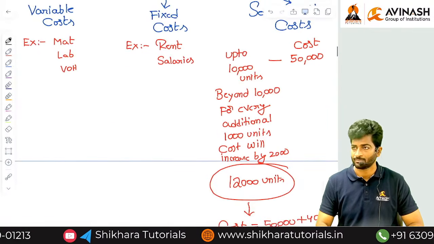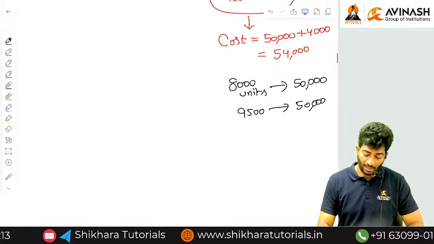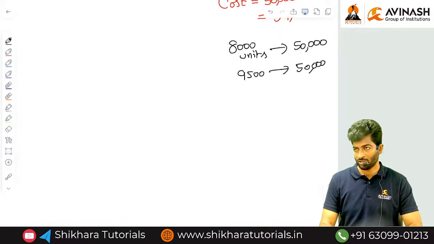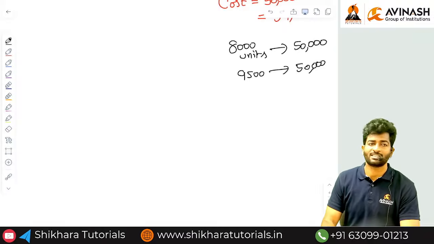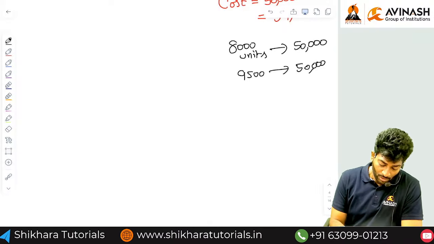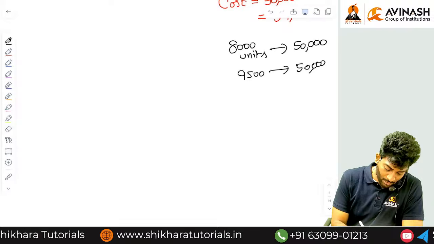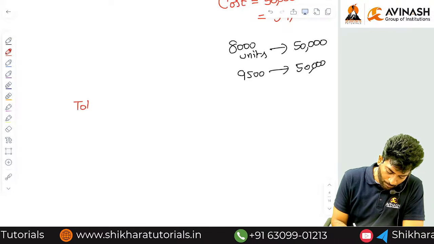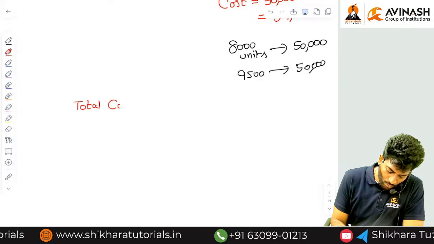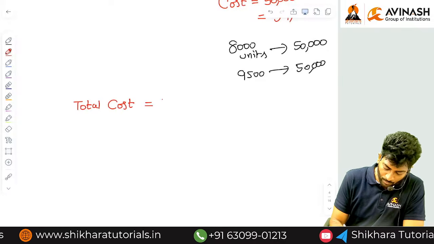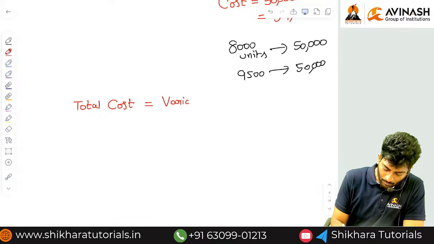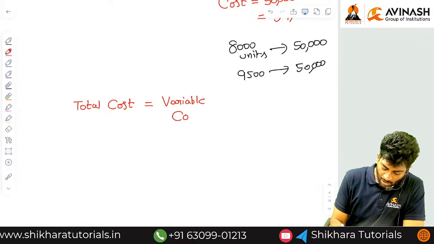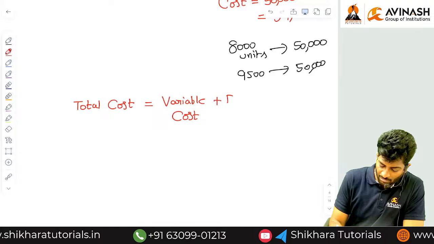Any doubts? Right. And one more thing, for calculating semi-variable cost, you know this equation. Total cost equals variable cost plus fixed cost.